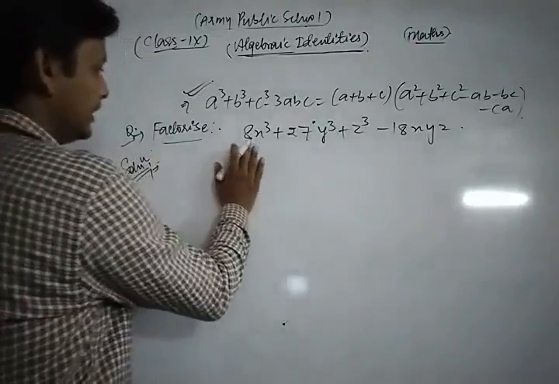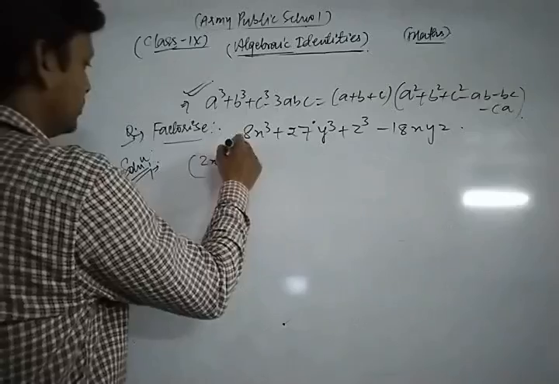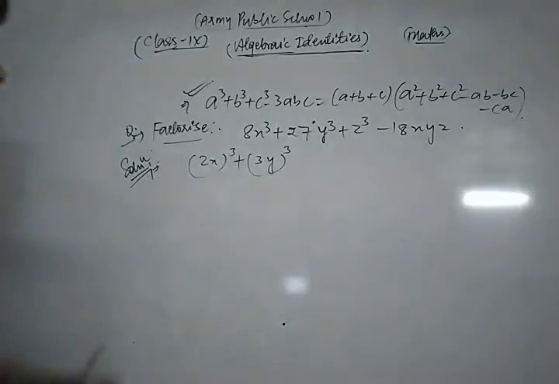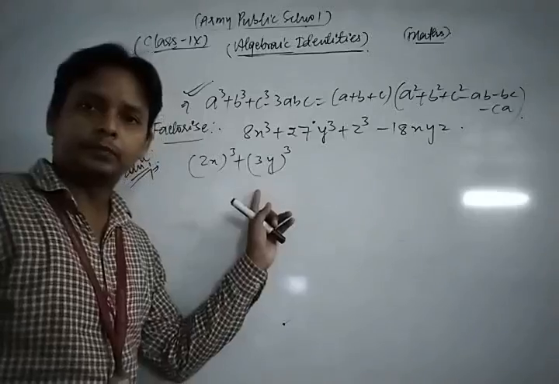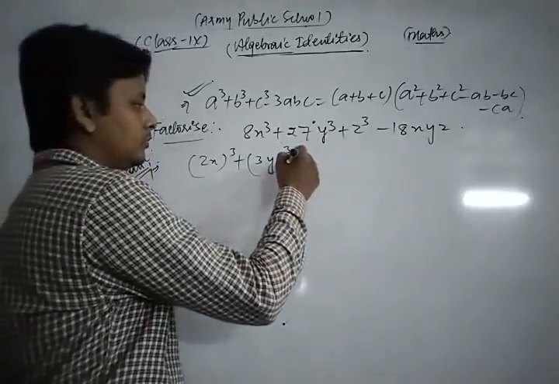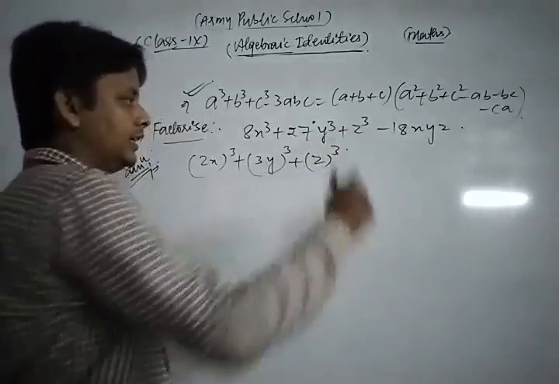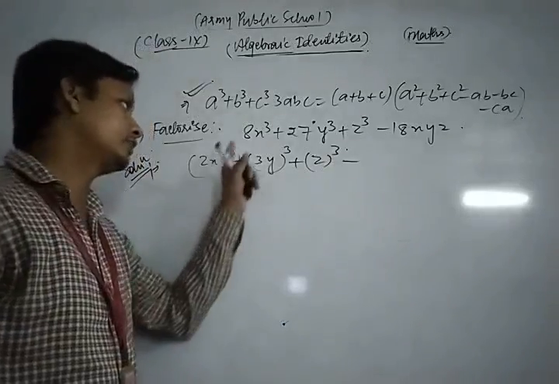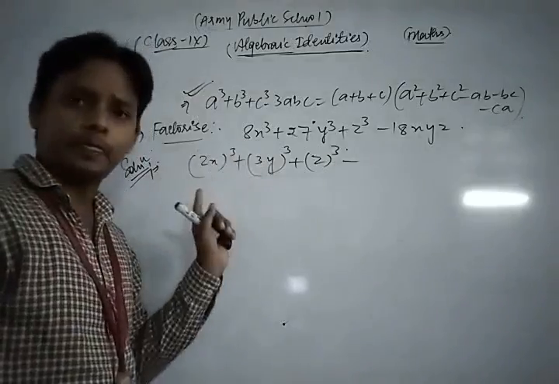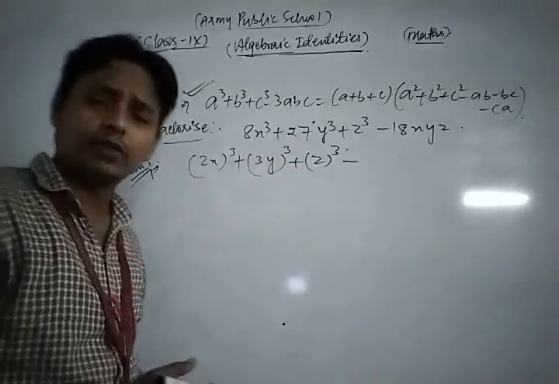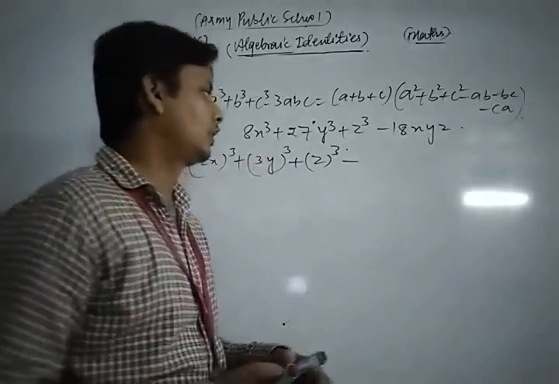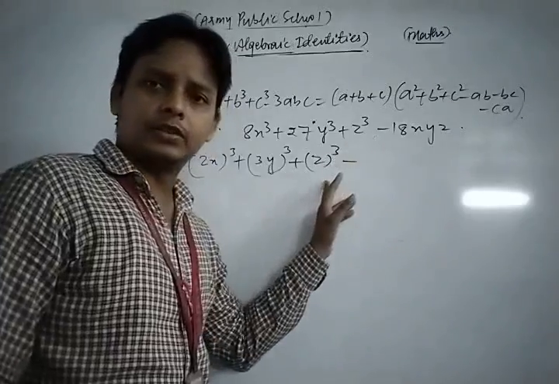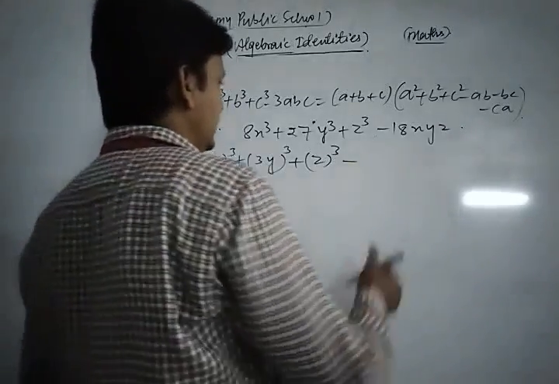This is (2x) whole cube plus 27y cube, which we can write as (3y) whole cube, and here z cube, which we can write as z whole cube. Here 8x cube is (2x) cube, and 3 cubed is 27, so this is y cube.